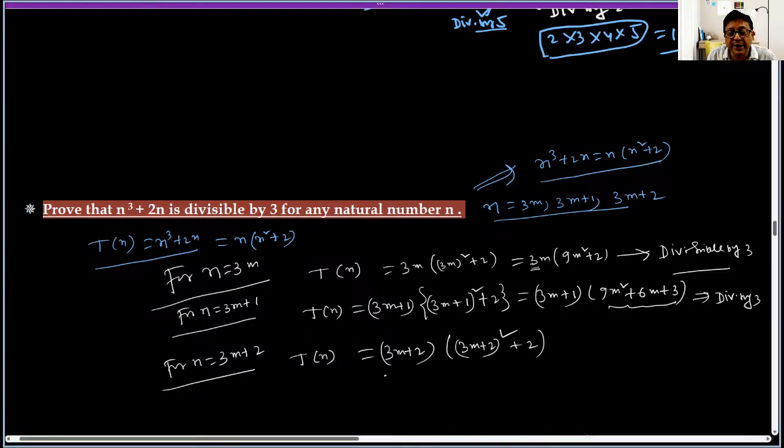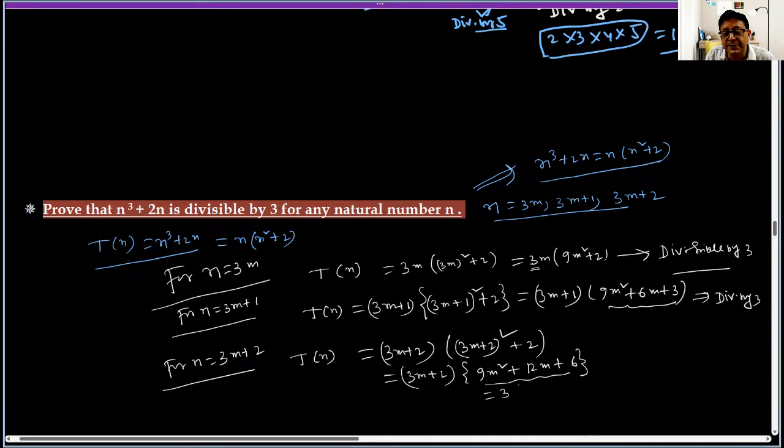So this you write: 3m plus 2 multiplied by 9m square plus 12m plus 6. Clear?